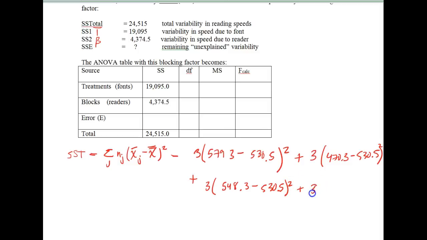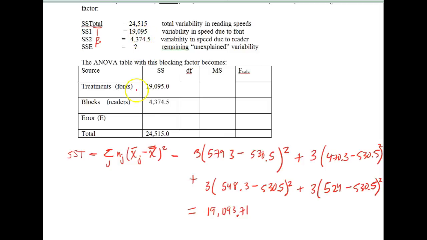Square the whole thing, and then lastly 3 times 524, which is the treatment mean for script, minus the overall mean, 530.5. And that ultimately is going to shake out to 19,093.71, which looks to be pretty close to what they got up here.